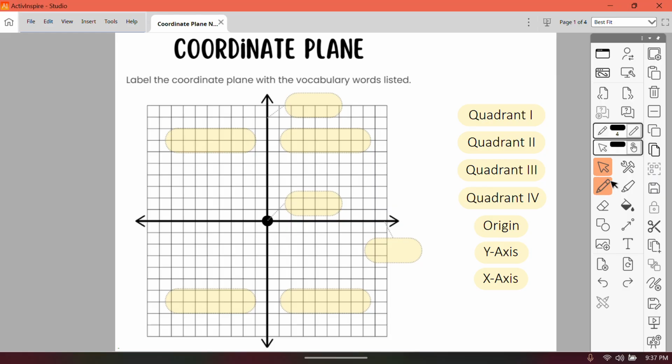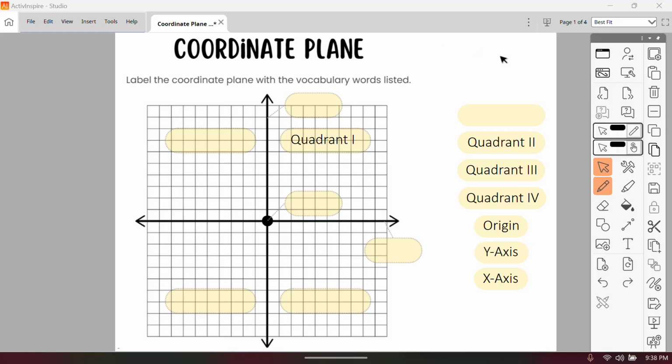This isn't something that you will be necessarily tested on in the 8th grade. But if you hear us using these words in the future, it's going to be really good for you to remember what they mean. So when we're labeling the quadrants, quadrant 1 is right there.